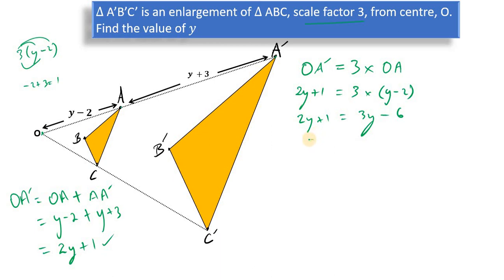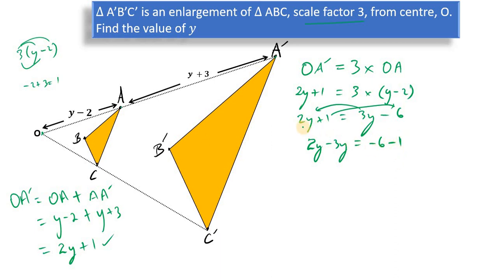Now we need to group like terms. So we're going to have 2y, transposing the y term over, minus 3y. Put the equal sign. Then transpose this plus 1 over. We already have the negative 6 there, but we're transposing the plus 1 as a minus 1.